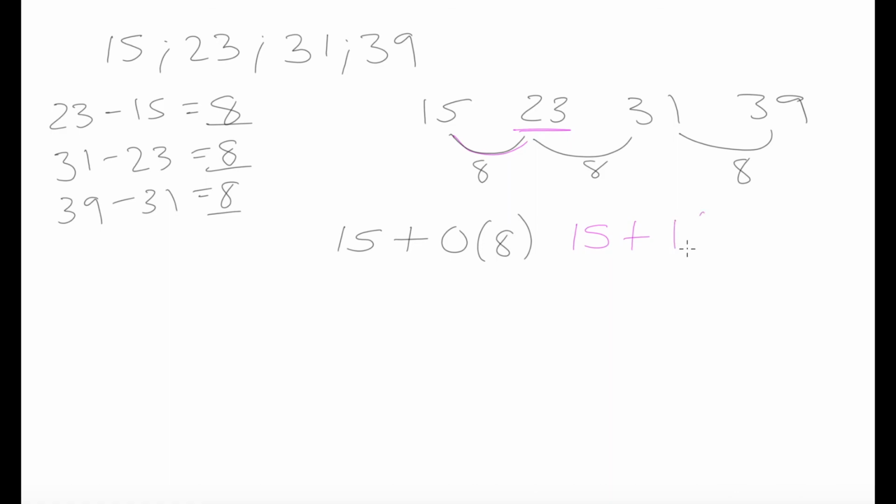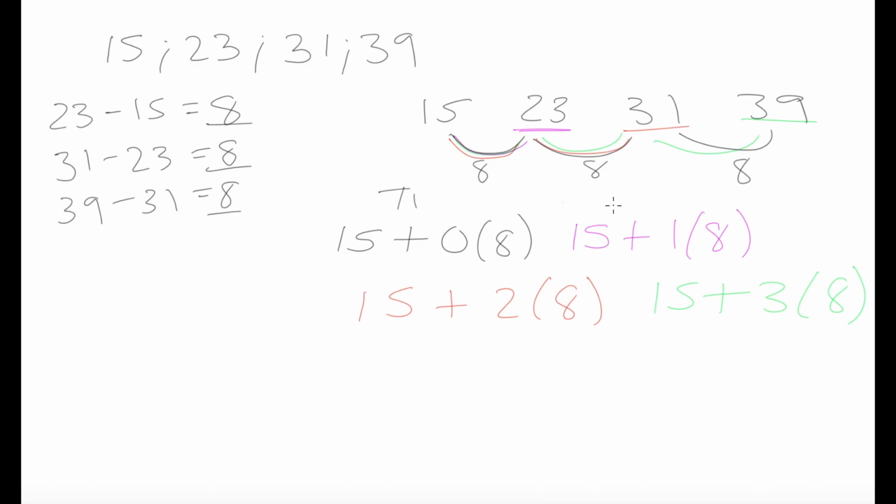So we're going to add 1 times 8. For our third term, we can go from 15 and adding 8 2 times, 2 times 8. And for our fourth term, 15 plus 8 3 times, so 3 times 8.